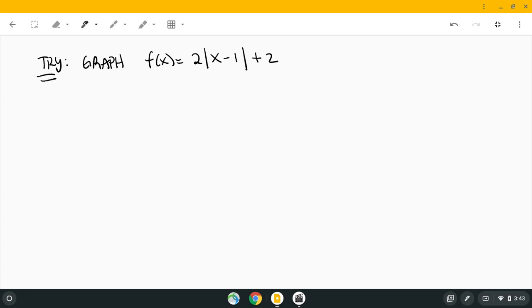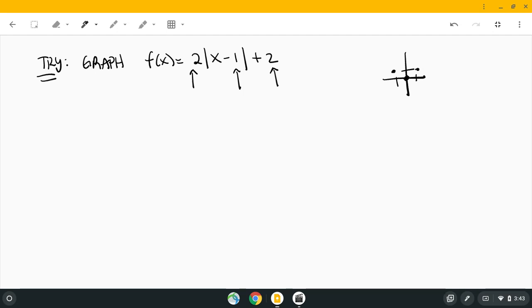See if you can figure this one out. You might want to start by listing what each of these things does, and then you can start doing them. Remember, this is the absolute value function. The parent function has a point here, here, and here. That's your parent function. All right, go ahead and hit the pause button and come right back.